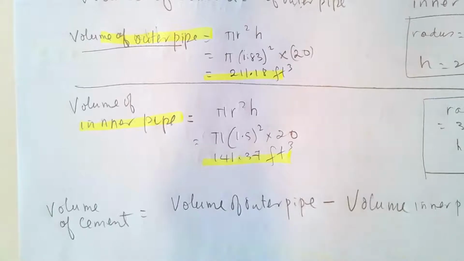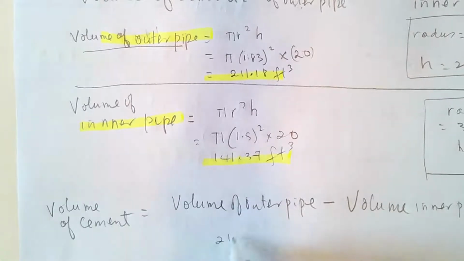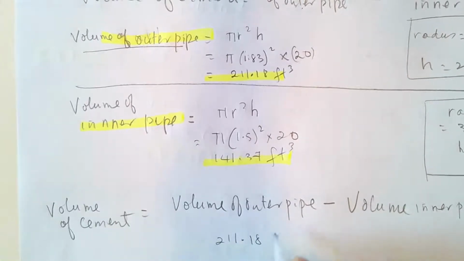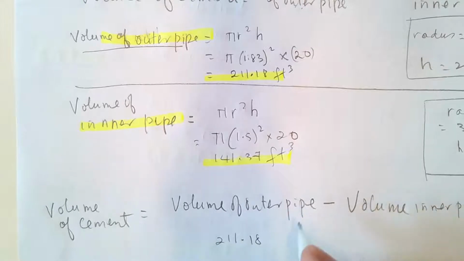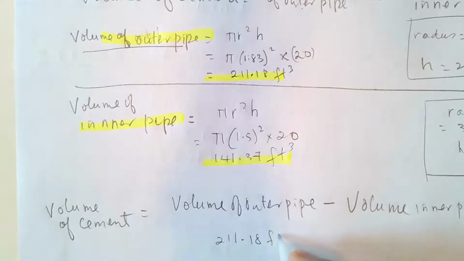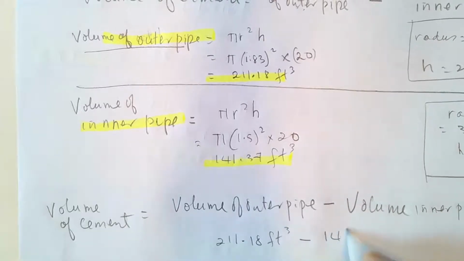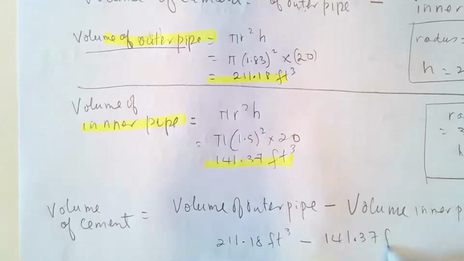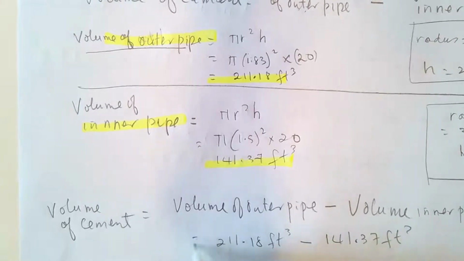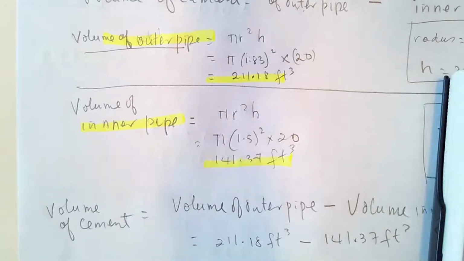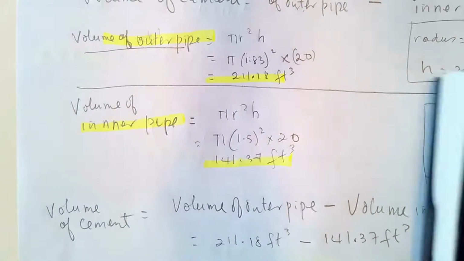And that worked out to be, the outer pipe is 211.18 cubic feet minus 141.37 cubic feet.